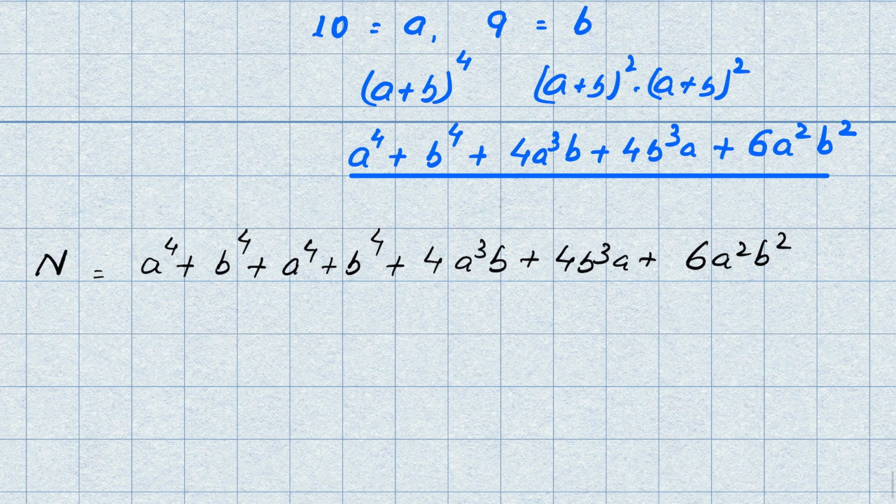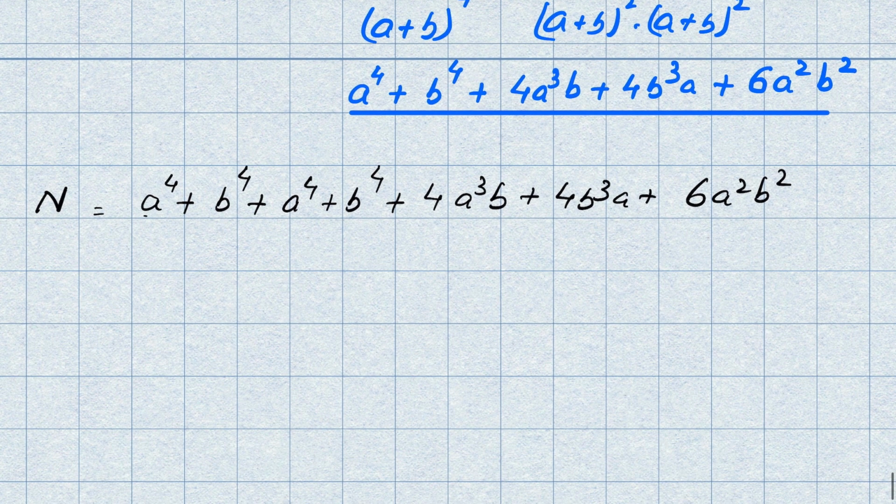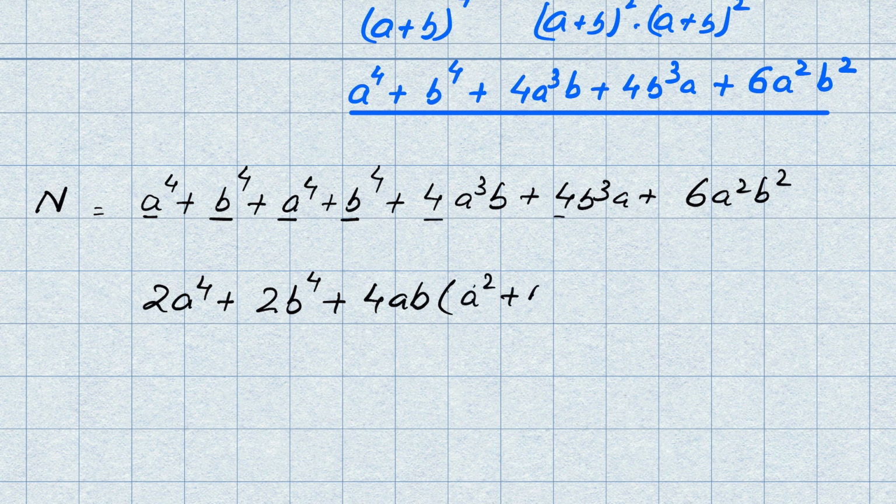We are dealing with the numerator part just. Now A to the power 4 plus A to the power 4 is 2A to the power 4, plus B to the power 4 plus B to the power 4, 2B to the power 4, plus 4A cube B. We can take 4AB common here and write 4AB parenthesis A square plus B square for these two terms plus 6A square B square.